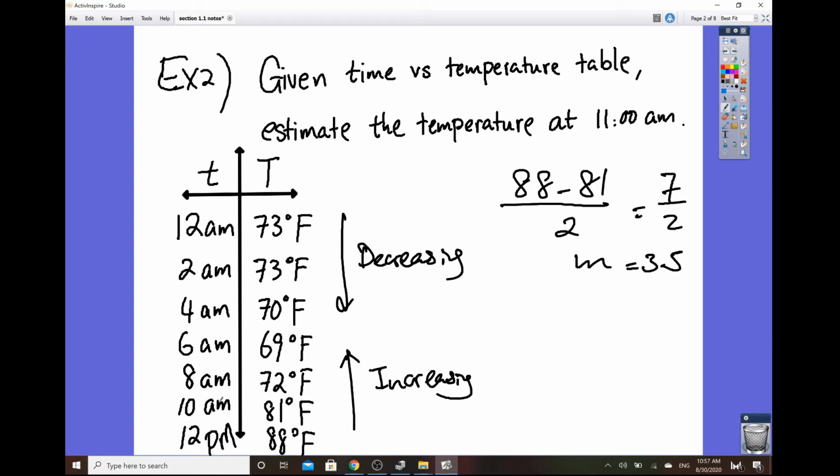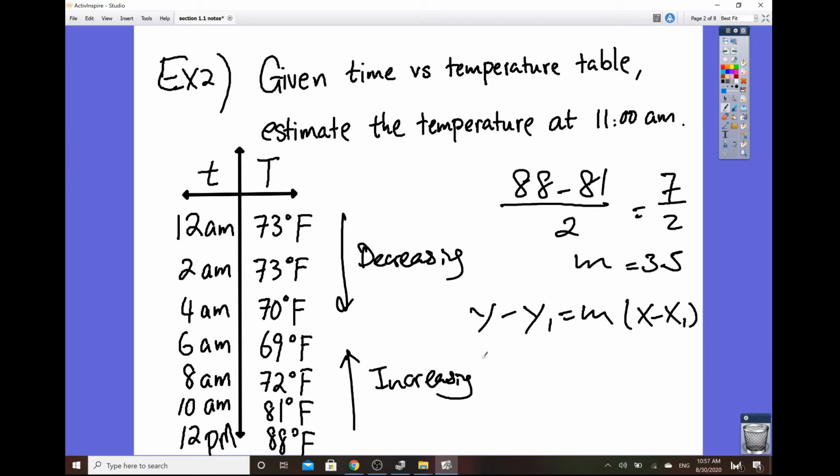We know the initial temperature at 10 a.m. is 81 degrees Fahrenheit. According to the point-slope form, y minus y1 equals m times x minus x1. We can use 10 a.m. at 81 degrees Fahrenheit as the initial temperature.